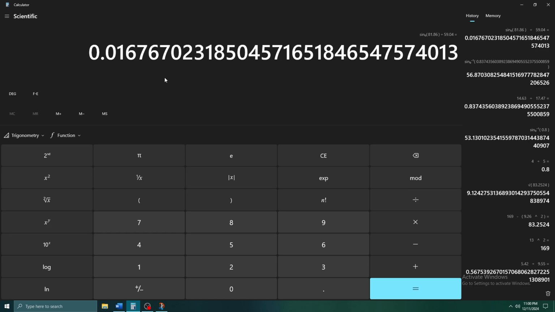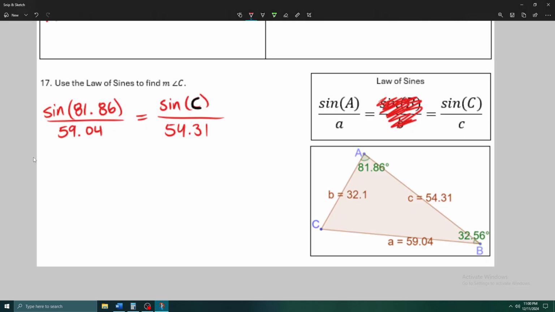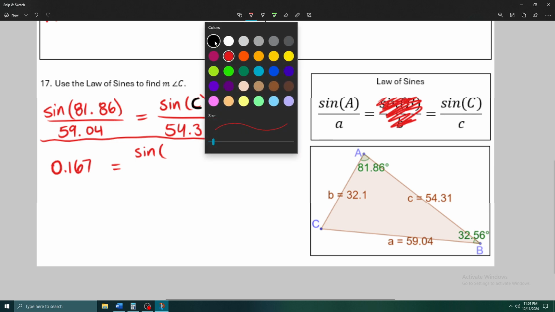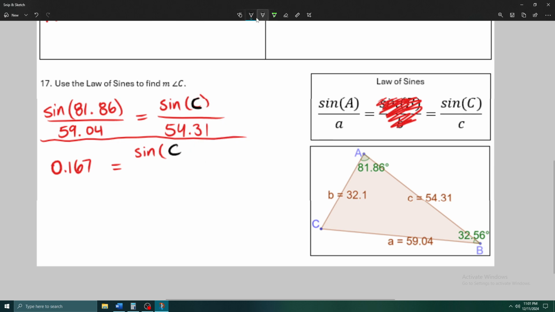I'm not even going to round it truly, I'm just going to abbreviate it, just so nobody's getting lost here. All right. So we still have that the sine of angle C over, right? Very good.